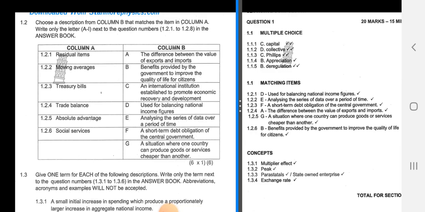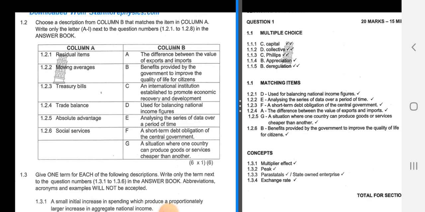So that is how you answer. Think about it. Treasury bills. Yeah, it is a short-term debt. Bills are debts. So you think about absolute advantage is when someone has more advantage than the other.